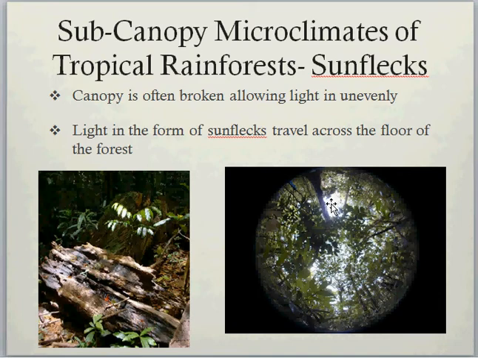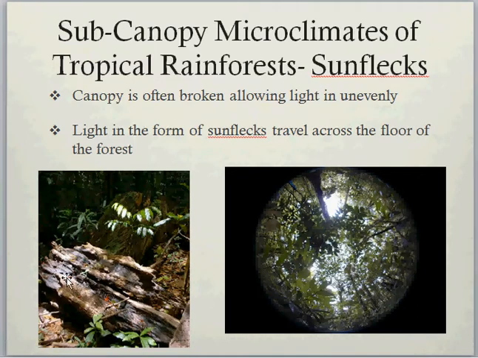What all of these small breaks in the canopy do is give a dappled effect to the light on the forest floor, and you can see patches of light. Now, these patches of light obviously don't stay in the same spot because they are dependent on the altitude of the sun relative to these gaps in the canopy. So as the day goes on, these gaps will move across the forest floor.